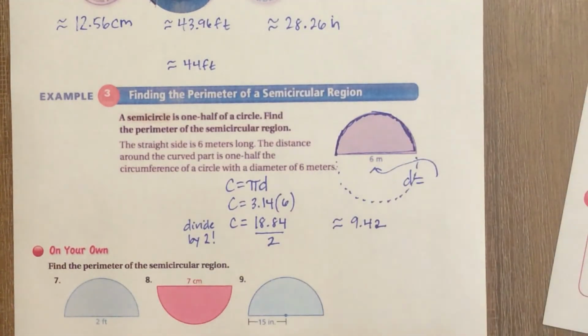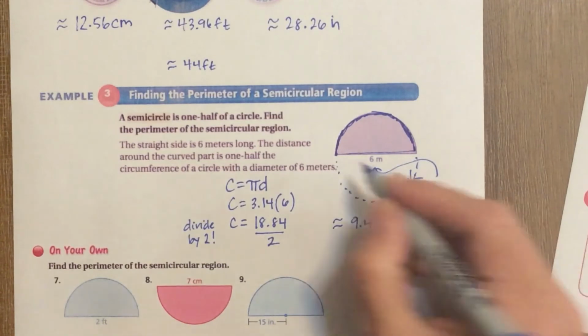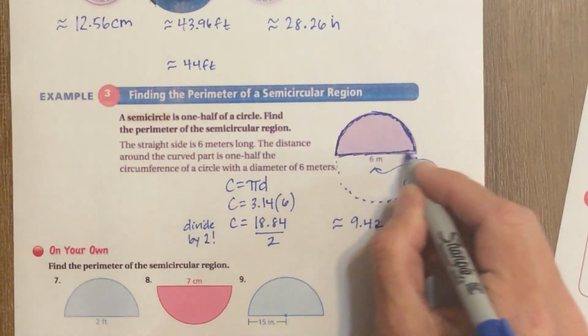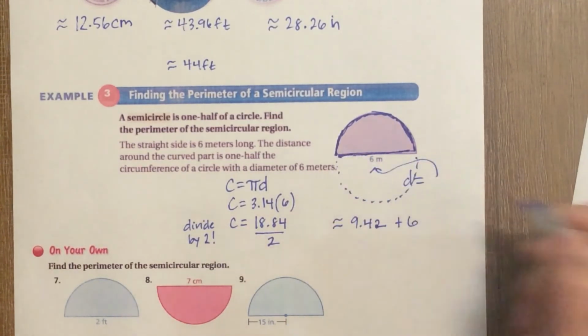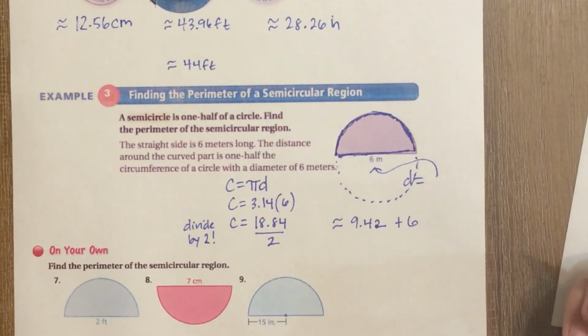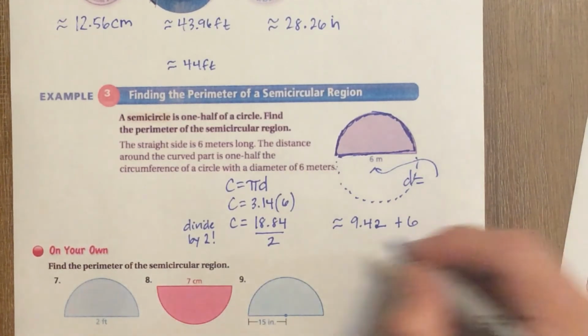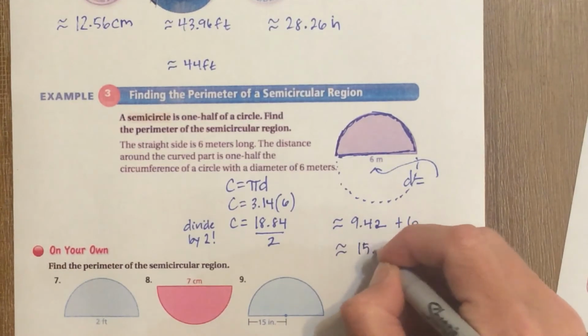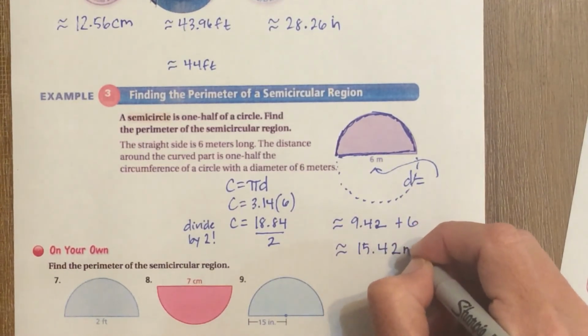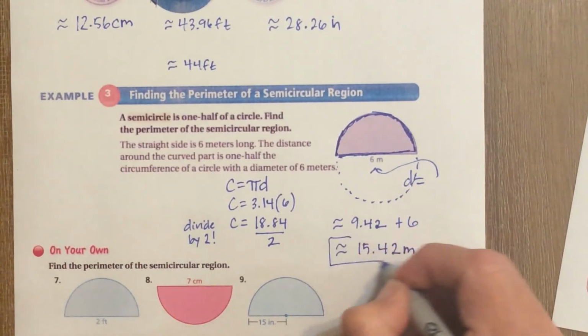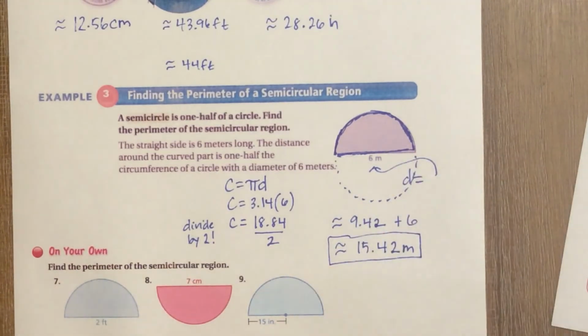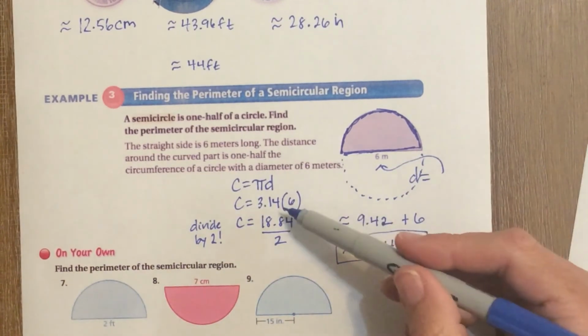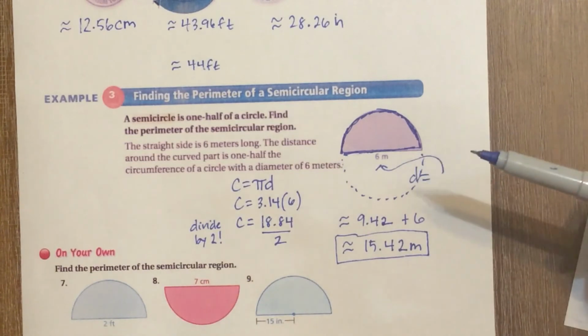So remember what I was just talking about with the whiteboard, I have to add back this whole distance right here. So I'm going to add the diameter back in, which is 6 meters. So if I add that all up, I get 15.42 meters as my perimeter of the semicircle, okay? So the math is the same, you just have to take half of it.